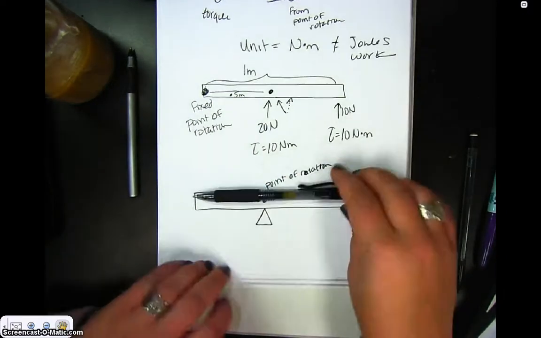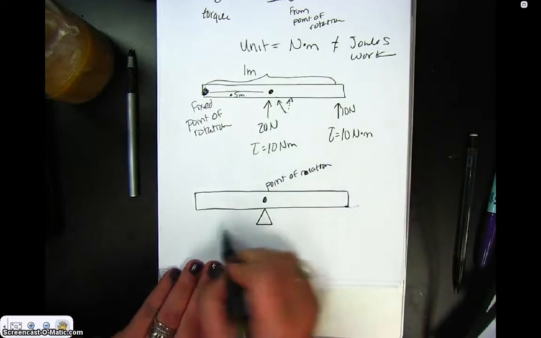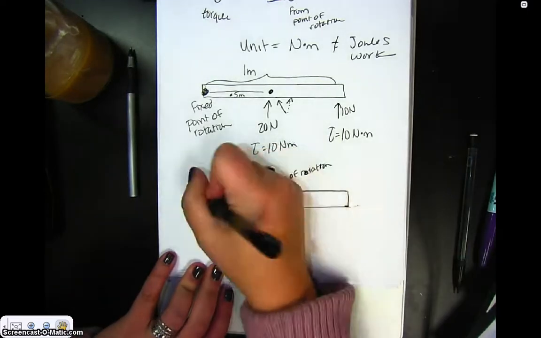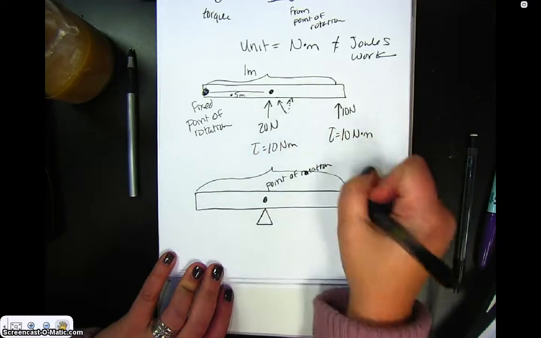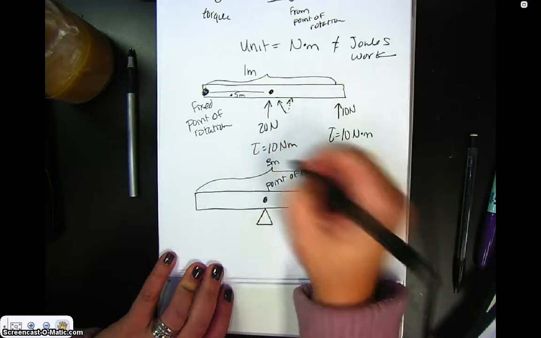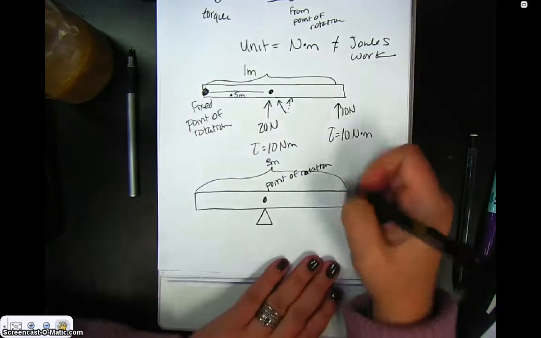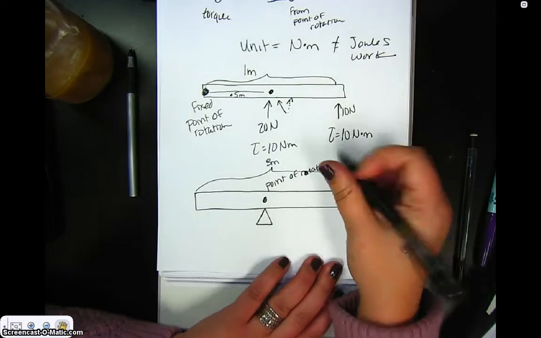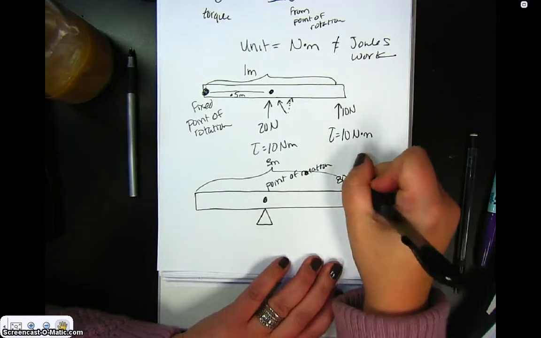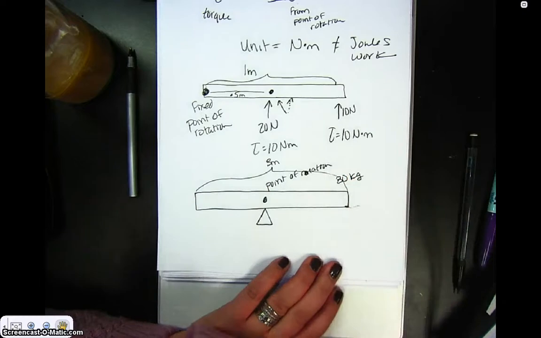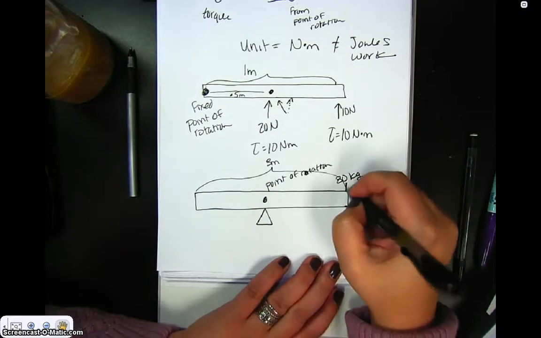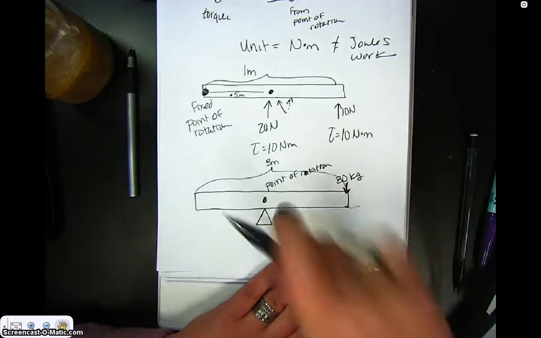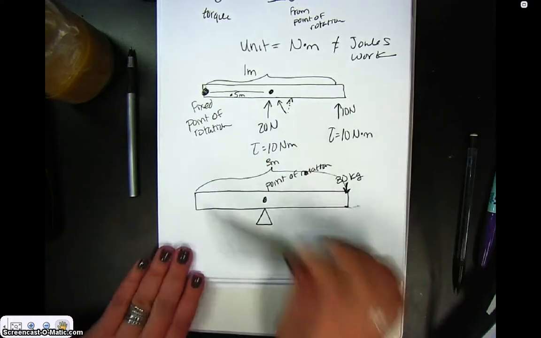So if I put a kid over here on this side, and let's say the beam is, I don't know, like 3 meters, so the total length of the beam is 3 meters. If I were to put, say, a 30-kilogram kid over here on the very end of the board, so he's pushing down on the board this direction, the whole beam would go like this.